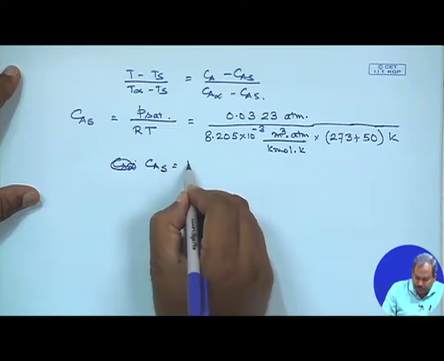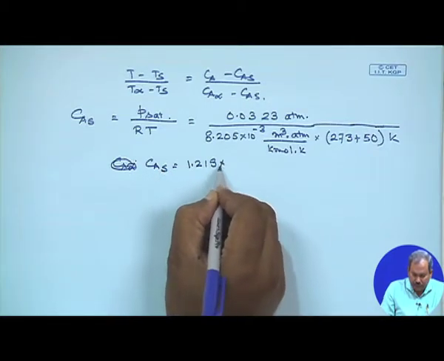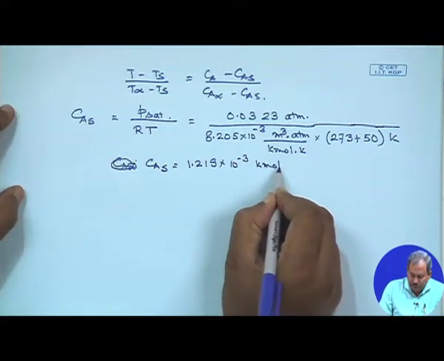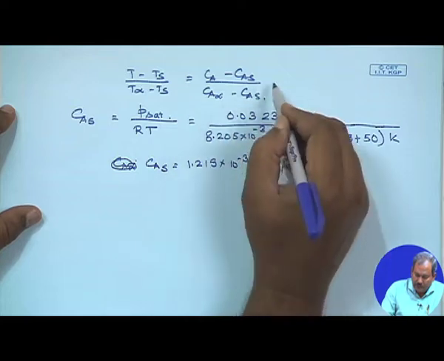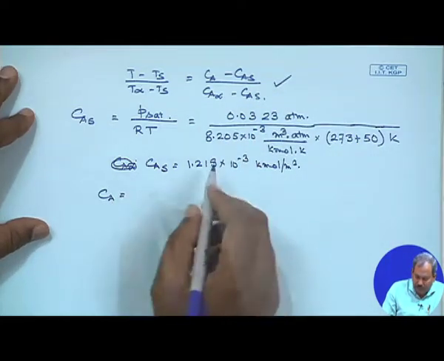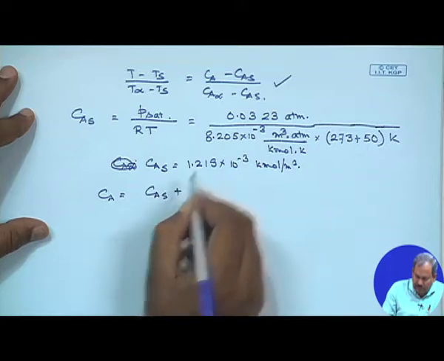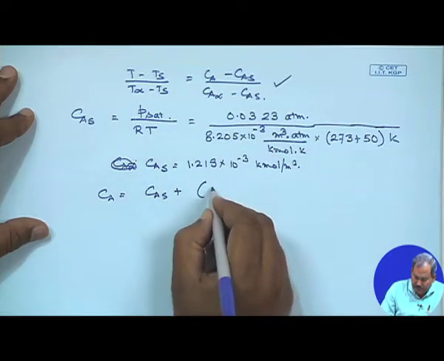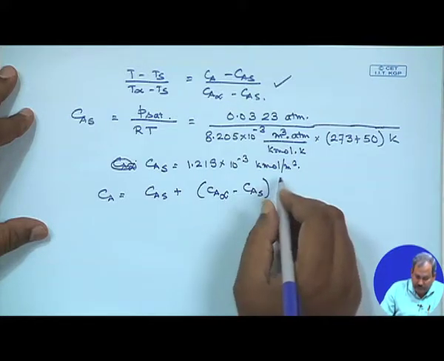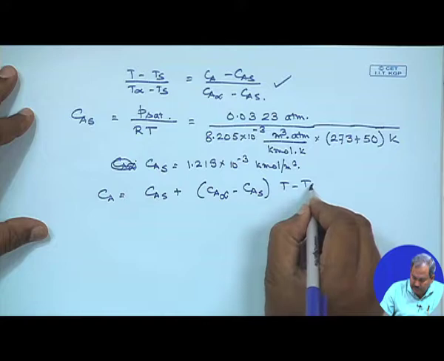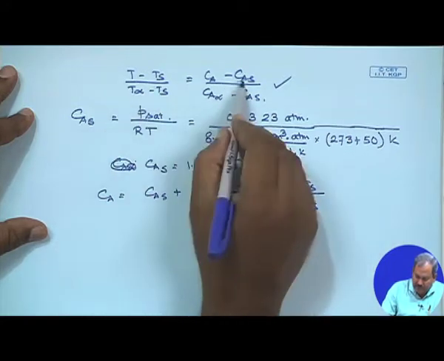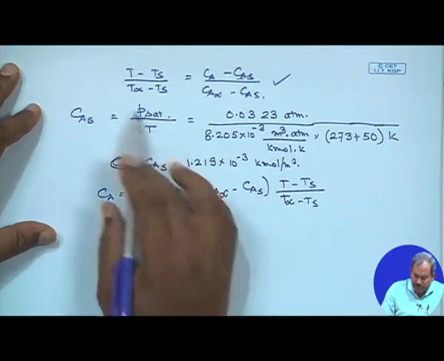would be equal to the computed value. So, from here I can therefore write CA to be equal to CAs plus the denominator CA infinity minus CAs times T minus Ts by T infinity minus Ts, just an expansion of that in terms of this.